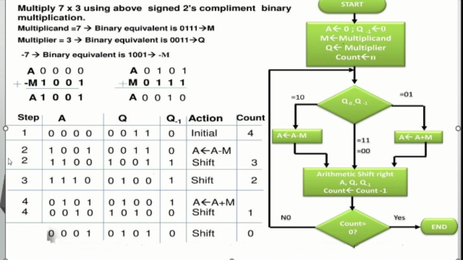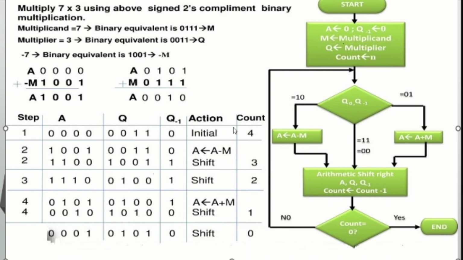While performing all the operations, in this example when the LSB is 1 and the combination is 1 0, we first perform arithmetic subtraction, and after that arithmetic shift right. When the combination is 0 1, we first perform addition and after that arithmetic shift right.